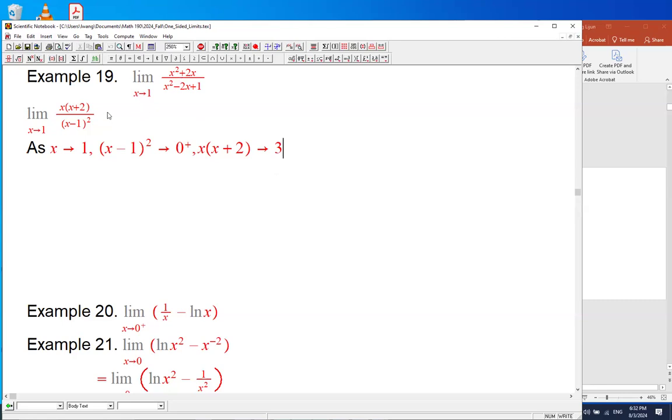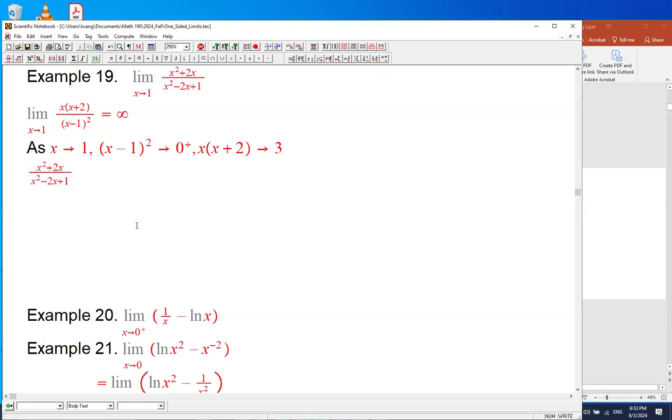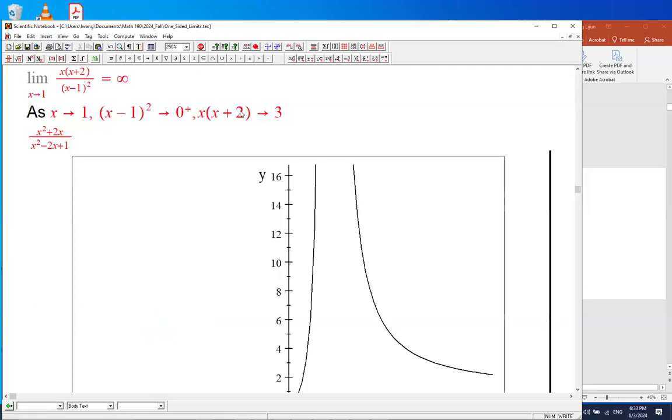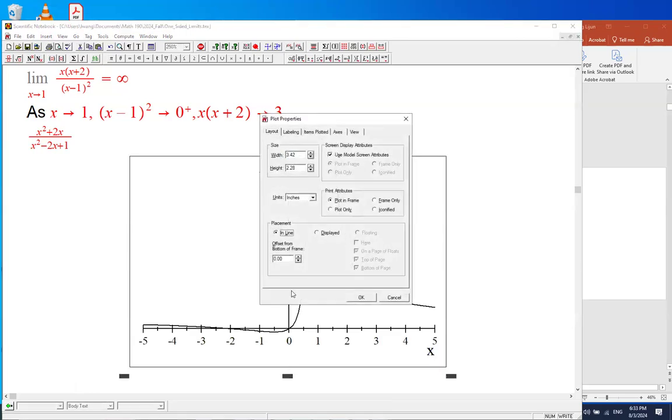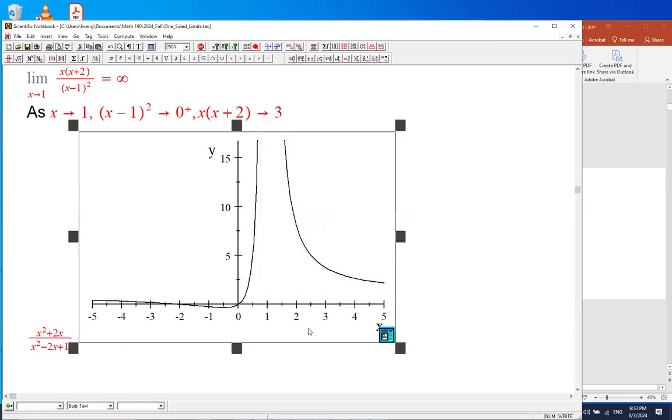So the top is approaching a finite number, the denominator approaching 0 but positive. So the limit is going to be positive infinity. You can draw the picture to confirm it, and if you have any uncertainty, using a graphing tool should be helpful. Near 1, there's a vertical asymptote.